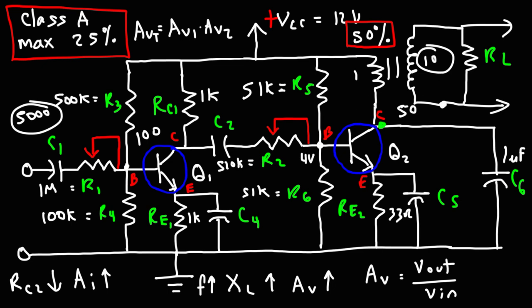So if it increased the voltage by a factor of 10, you're looking at a voltage gain of 50,000 overall. Now chances are it's going to be less than that, but that's how you would calculate the voltage gain of a multi-stage amplifier. It's the voltage gain of the first stage times the voltage gain of the second stage.